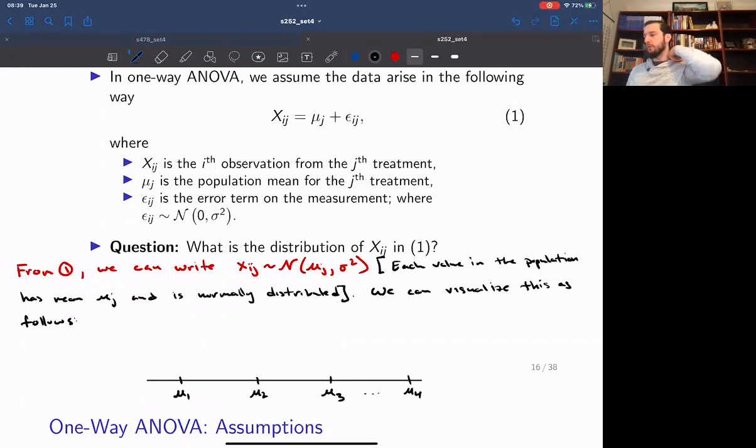Okay, so this assumption is telling us all of the data is normal and the data can be separated by their own mean, but the variance for every single value is the same.